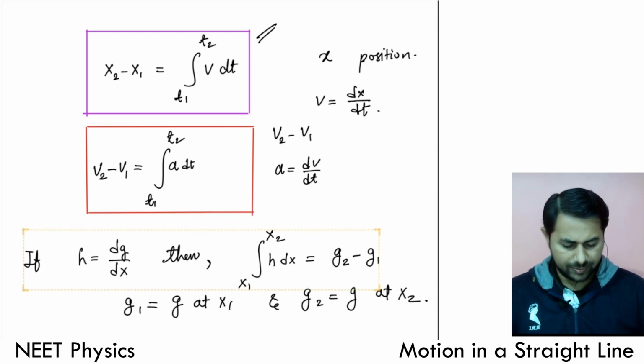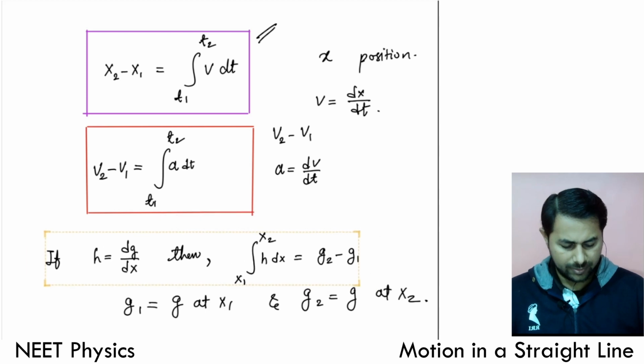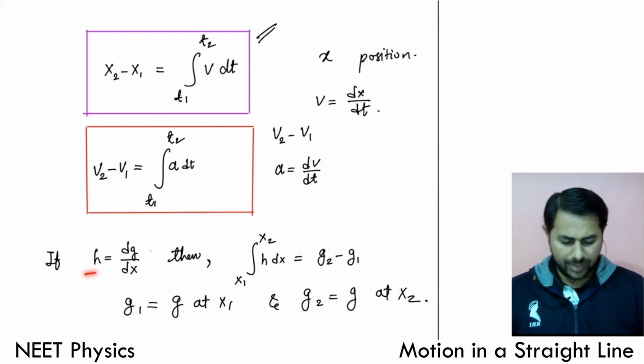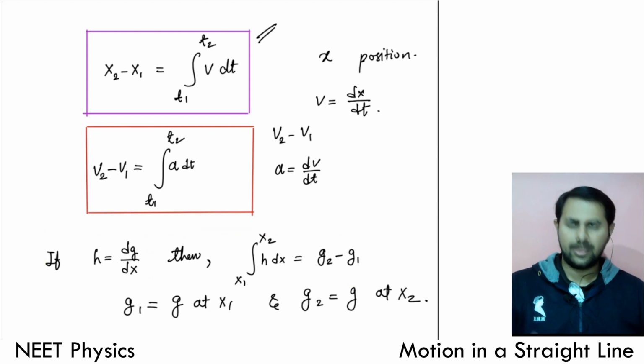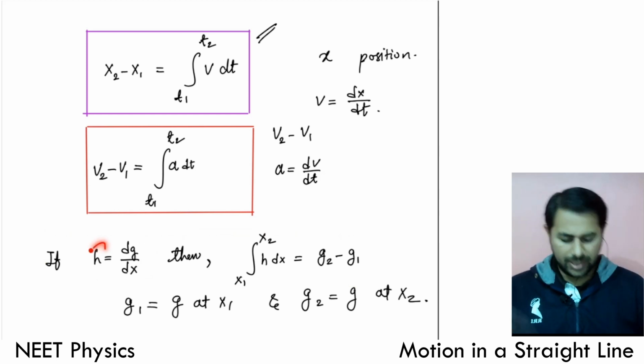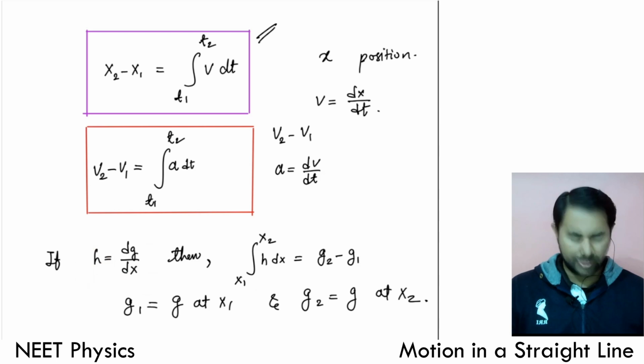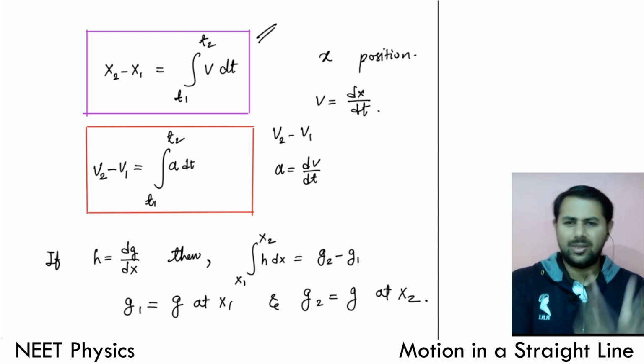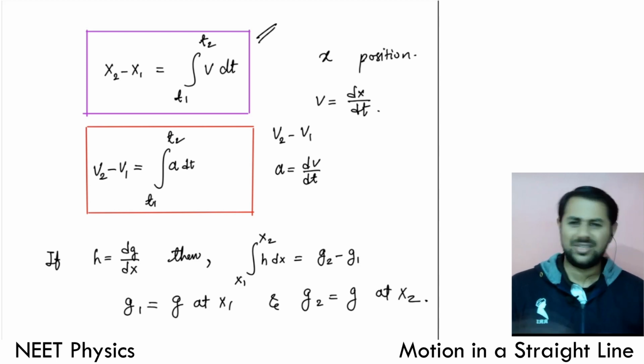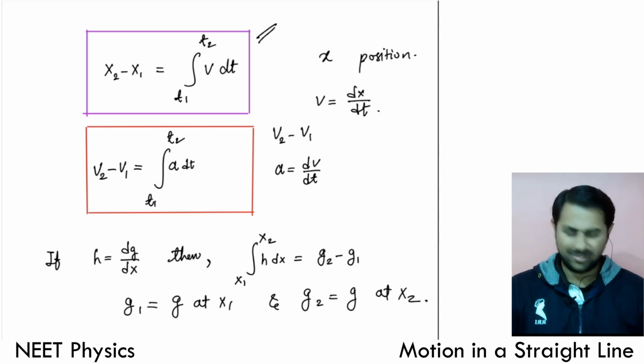So it simply means if h is the derivative of g, then the integration of h will give you g back. If a is the derivative of b, then b is the integral of a. That's the meaning.